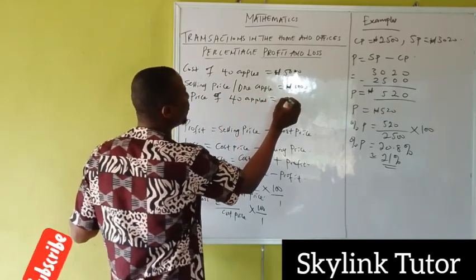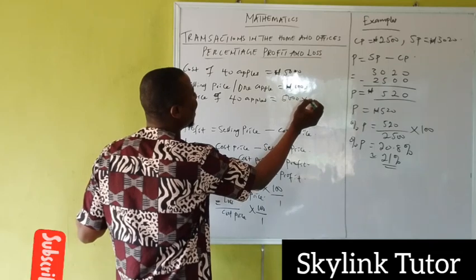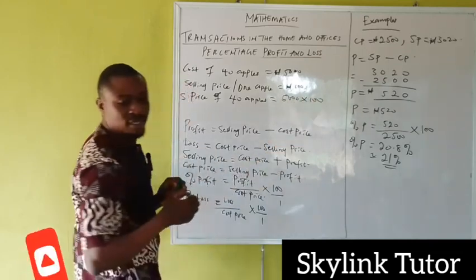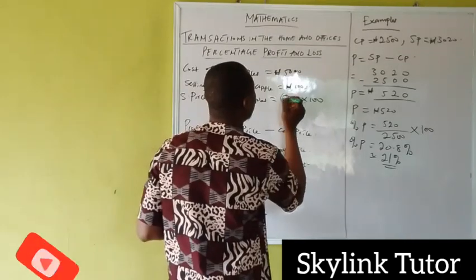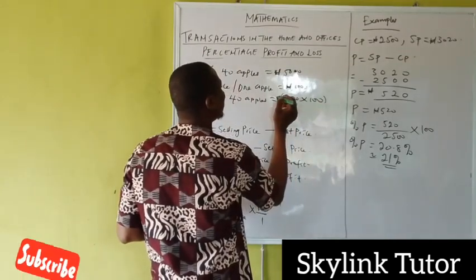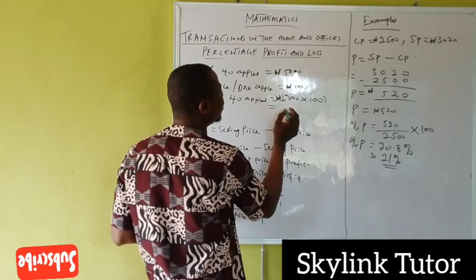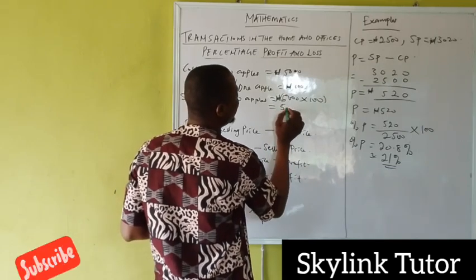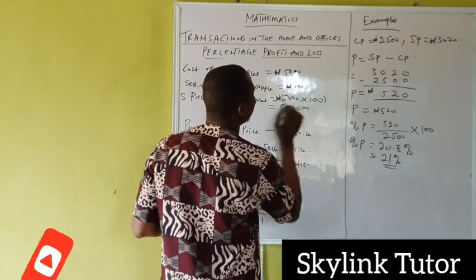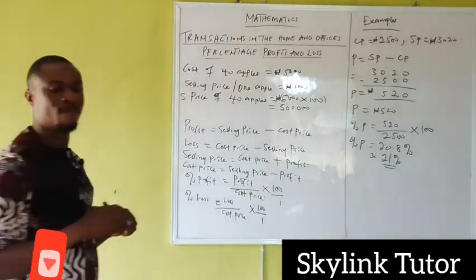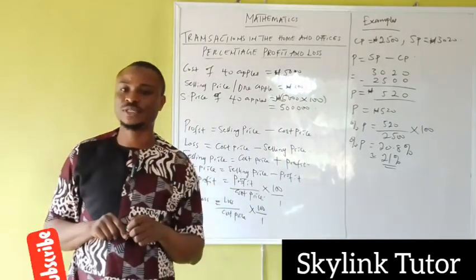That one is going to be 5,000 times 100. If you say 5,000 times 100, that one will give you 500,000. Is it 500,000 or 50,000?